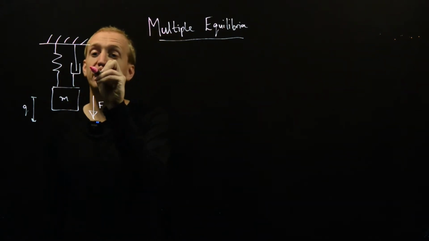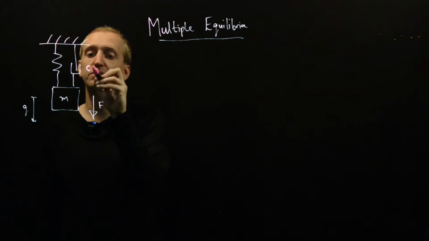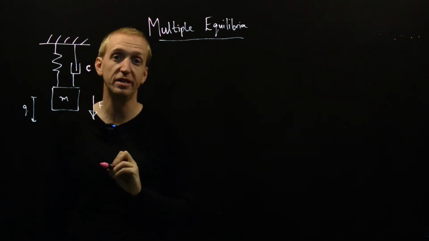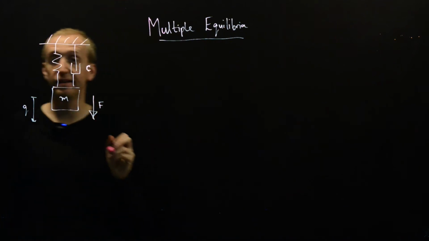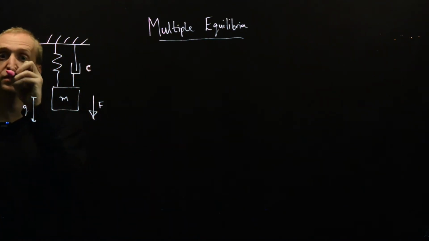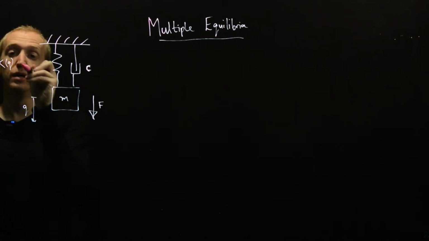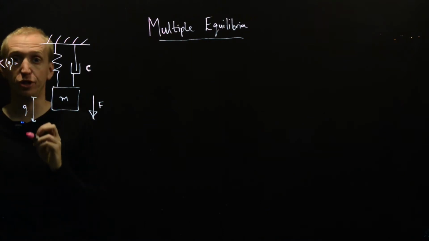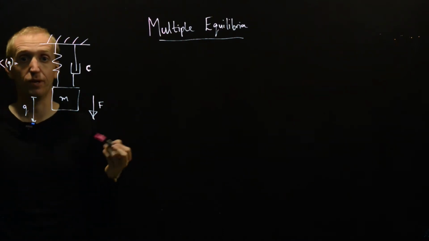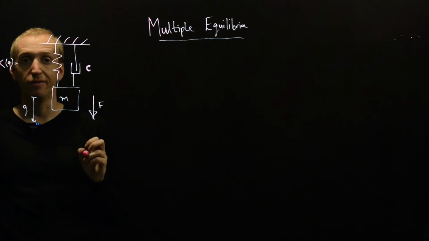So we said we're going to have a linear damper this time, so the damping coefficient is just going to be c, but we're going to have a nonlinear spring constant. In particular, our spring constant is going to be a function of the position q, and in fact the nonlinear relationship is going to be precisely the same as the one that created the Van der Pol oscillator.